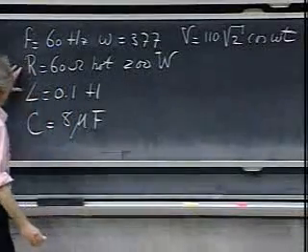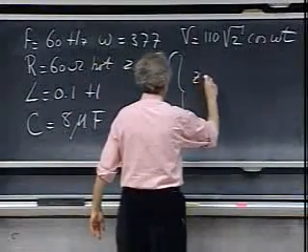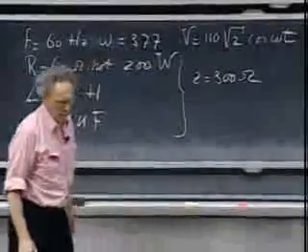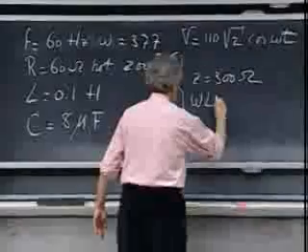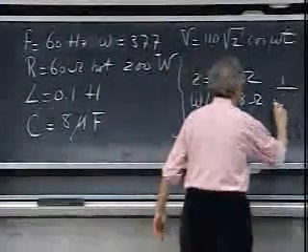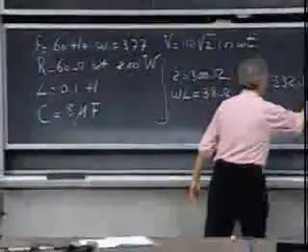With these three values, I can calculate what Z is, and Z is 300 ohms. In case you're interested, I can also give you omega L. That is 38 ohms. And I can give you 1 over omega C. That is 332 ohms.